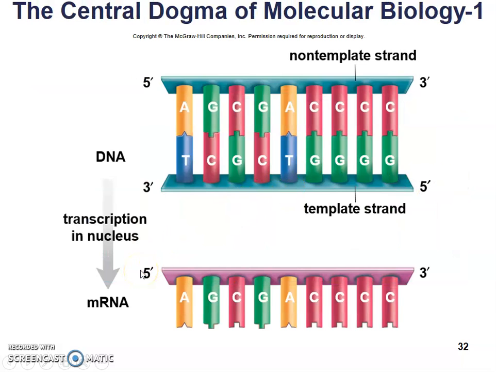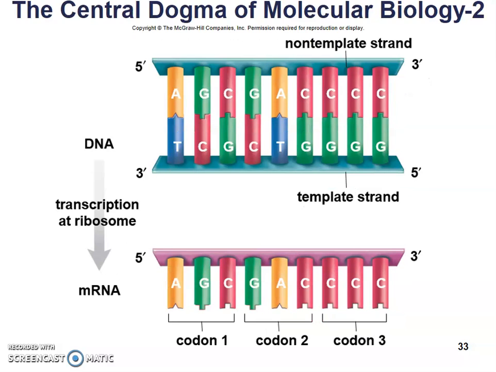It is then transcribed into messenger RNA. Okay, messenger RNA is very similar to DNA, but it is single-stranded and it uses a different sugar molecule. Okay, messenger RNA is divided into 3 nucleotide chunks, and each one is called a codon.